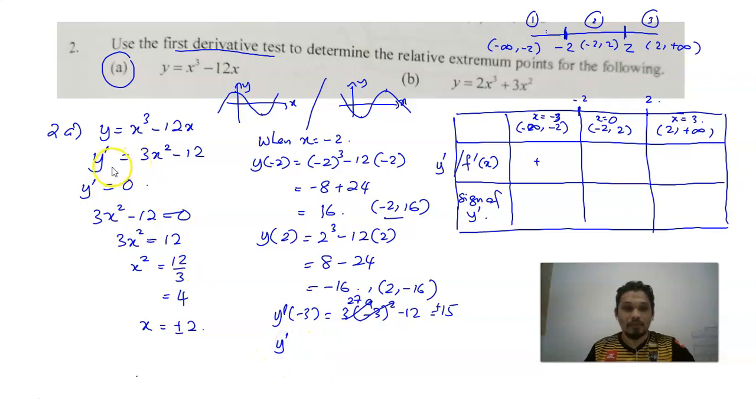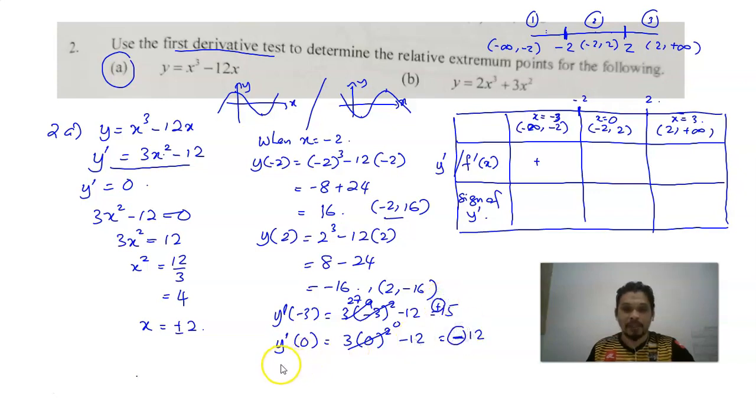Then y prime where x equal to 0. You may choose negative 1 or 1, because negative 1, 0, and 1 are any numbers that lie between negative 2 and 2, but to make our life easier, choose 0. So 3 times 0 squared minus 12, of course 0, equal to negative 12.